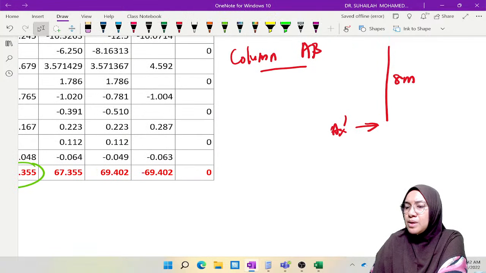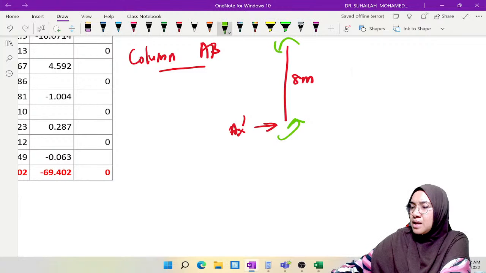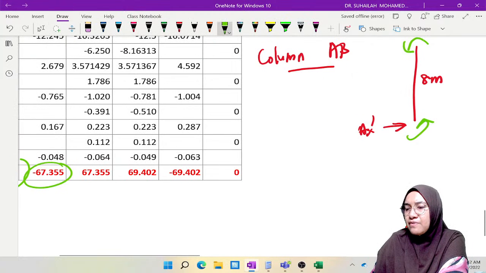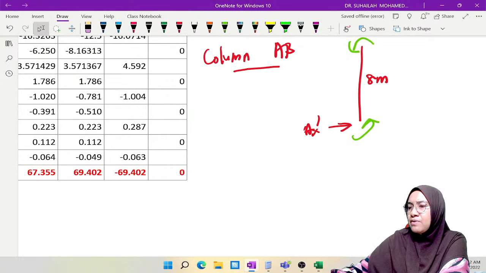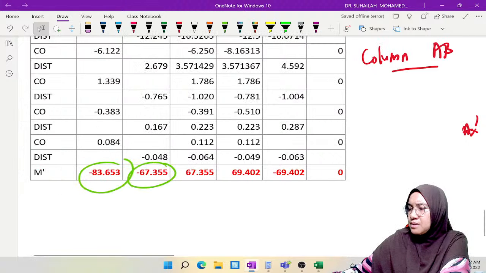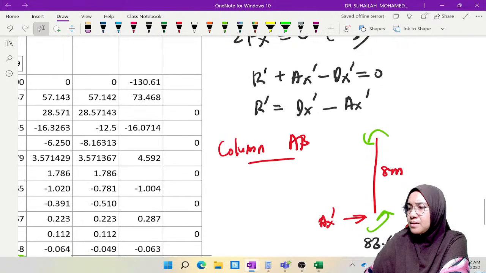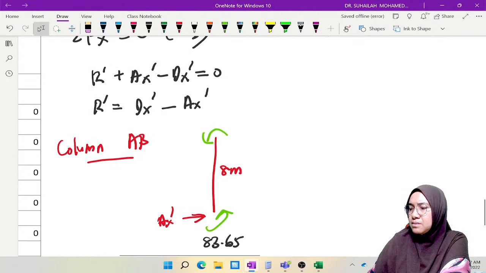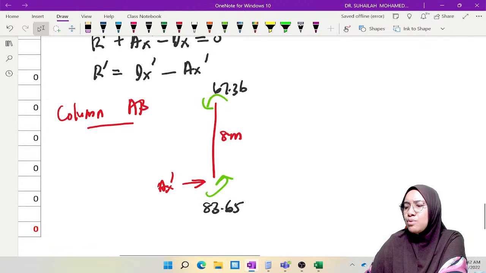So we apply negative moment, negative here, negative here, and the value is 83.65 and 67.36. Then we will get AX.